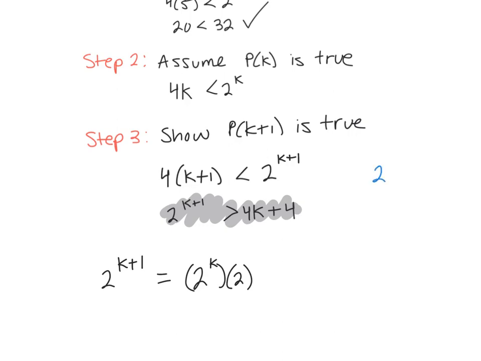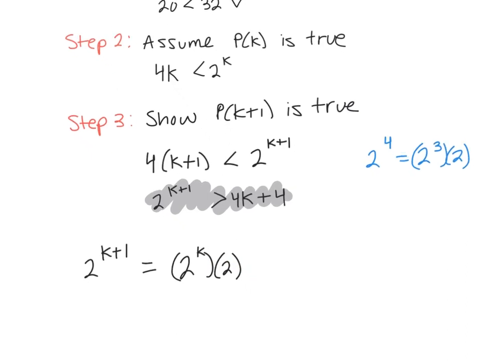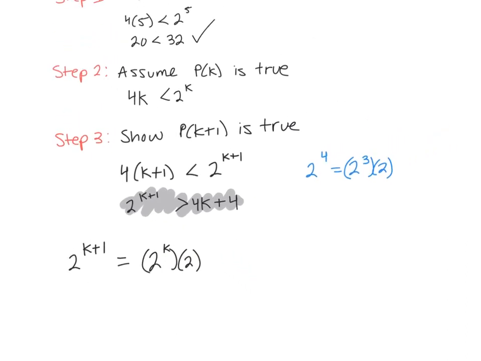So for example, we know that 2 to the 4th power is simply 2 cubed times another 2, which would make it 2 to the power of 4. So 2 to the power of k plus 1 is simply 2 to the power of k times another power of 2. So this is actually saying that we have 2 times 2 to the power of k, which is completely equivalent to the statement 2 to the power of k plus 2 to the power of k, right?